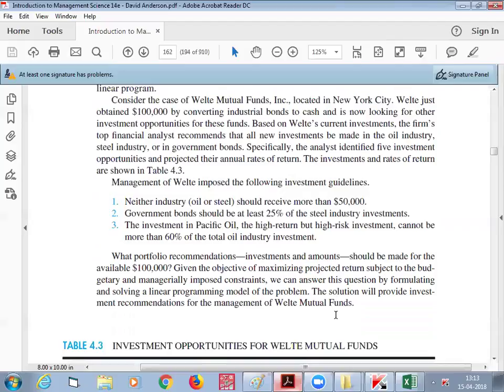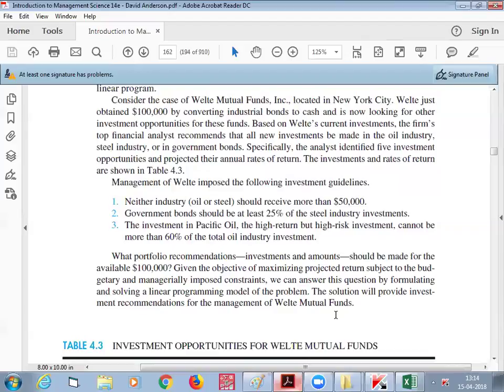Wealth Mutual Fund located in New York City. They've obtained $1 lakh by converting industrial bonds and are looking now for investment opportunities for these funds. The firm's top financial analyst recommends all new investments to be made in oil industry, steel industry, or government bonds.